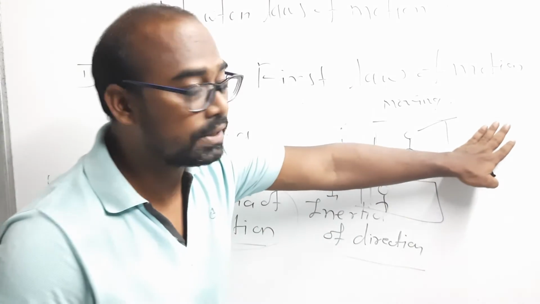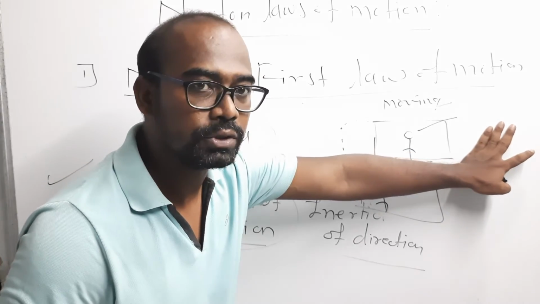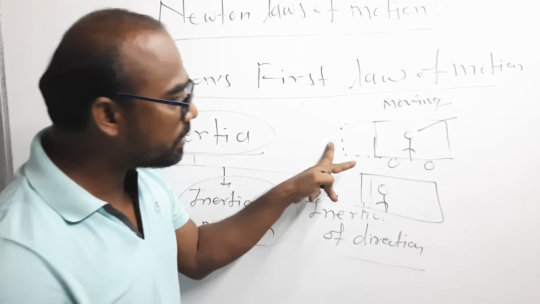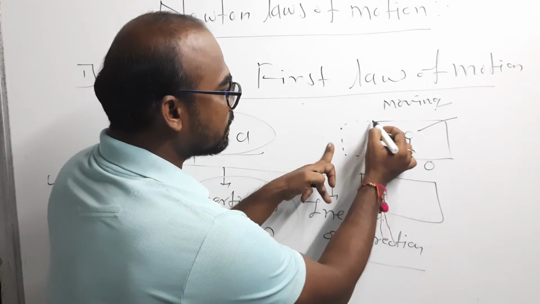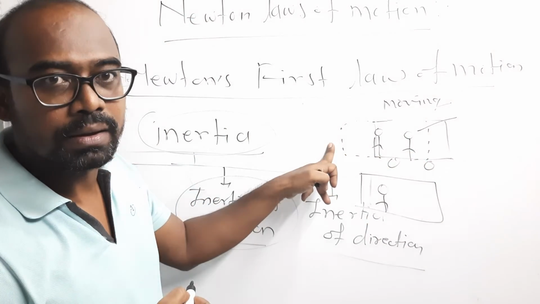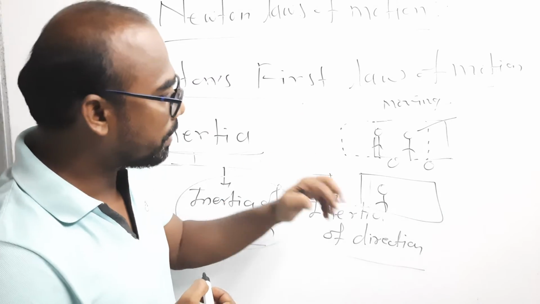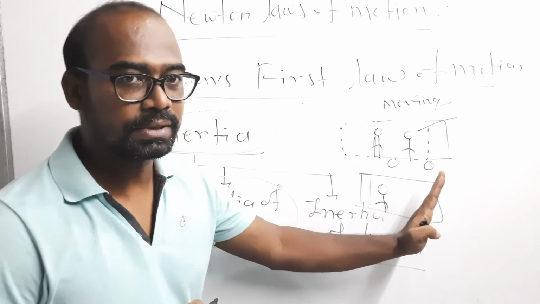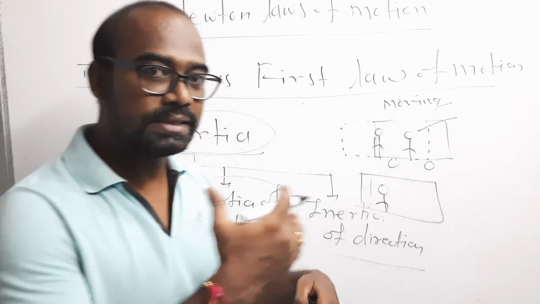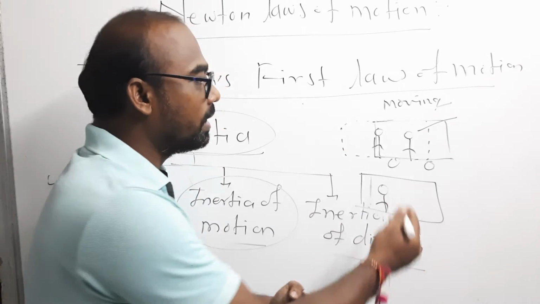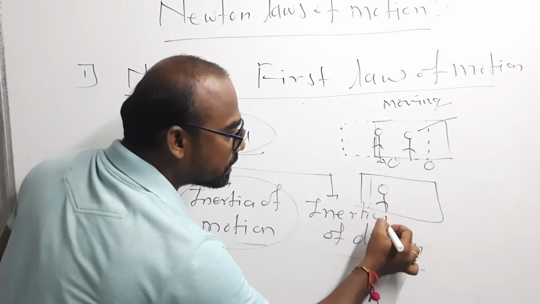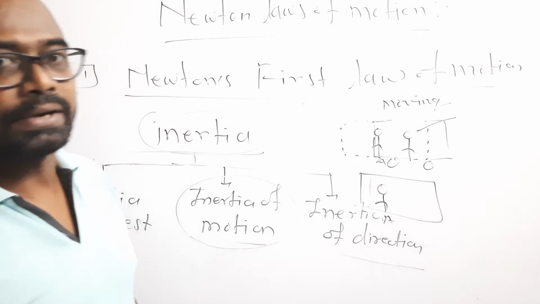If it is in continuous or uniform motion, but the bus suddenly stops, the bus comes to this position, but the person, who has the inertia of motion, will come to this position. It will not change itself.